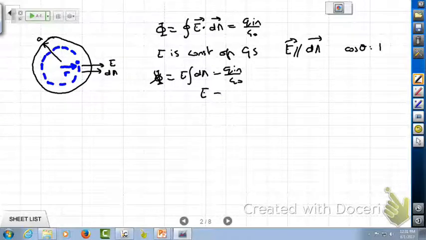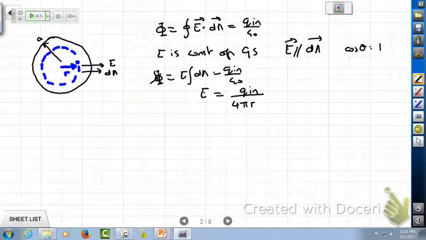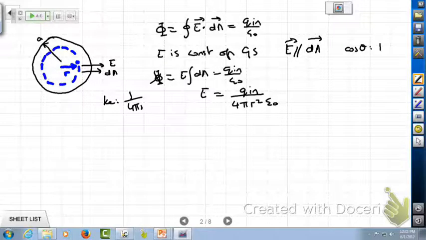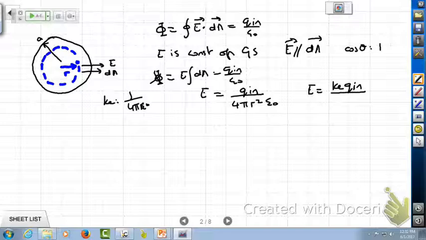My E is equal to Q in over 4 pi r squared times epsilon naught, just like before. I say, oh yeah, Ke is equal to 1 over 4 pi epsilon naught. So E is equal to Ke Q in over r squared.